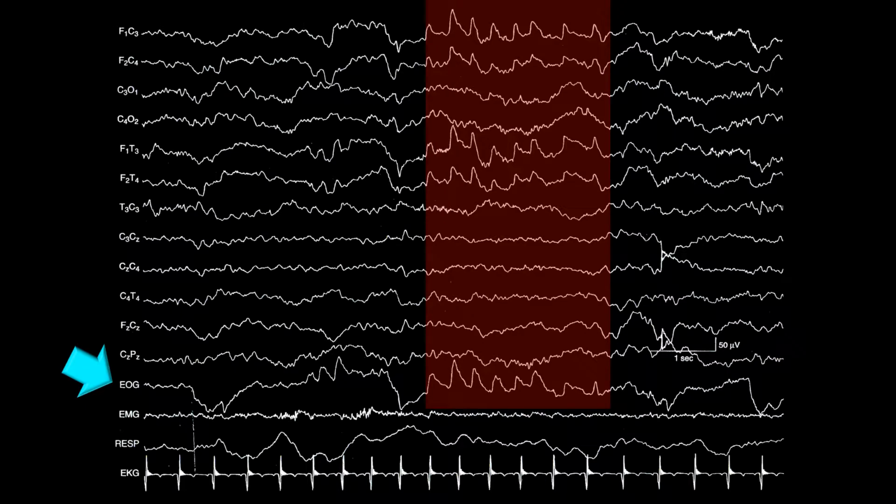Now, if you look at the eye movement recording, you can see that the activity there coincides with the activity I have shown you previously. The activity is certainly more pronounced on the left than on the right.